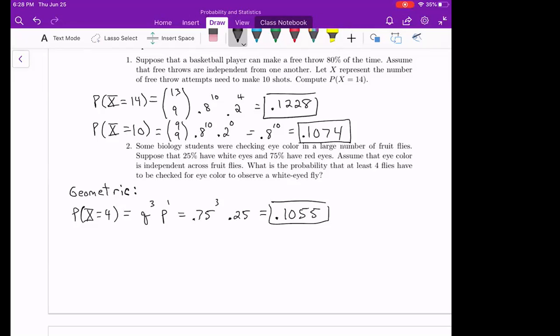Wait, there's 2 separate answers for number 1, right? No, there's one answer, and then I made up another question. So the first line is what the problem was actually asking. The second line in number 1 was one that I just posed to you guys just to give you practice.